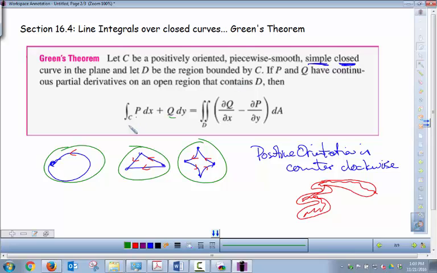So then, this is a statement of the proof here. Then we say that the line integral, remember that the line integral has this form.